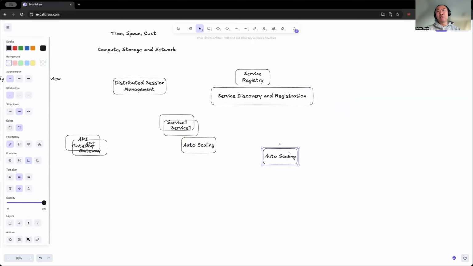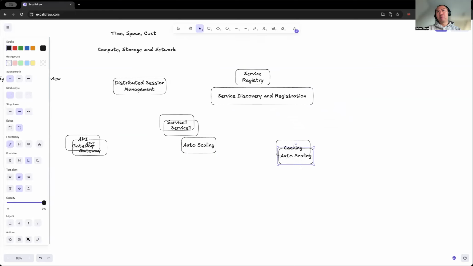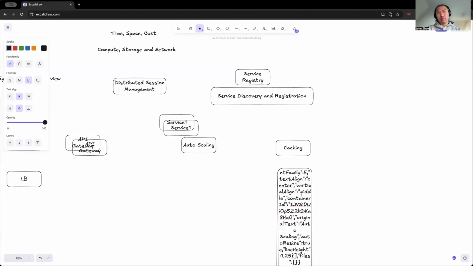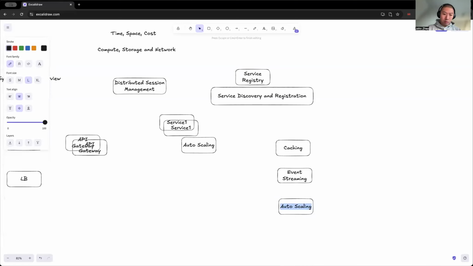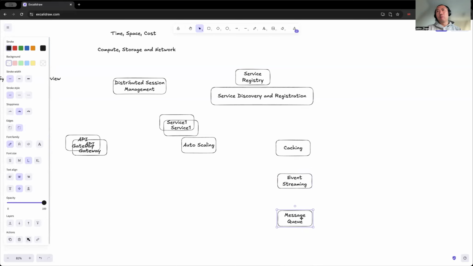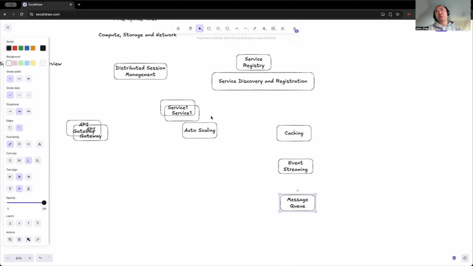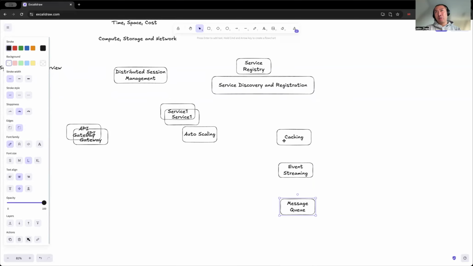Once the request hits the server, it will be caching, event streaming, message queues. So after the request comes to the server, it can either read from the cache or write to the cache. That's for faster response, or faster storage and retrieval.